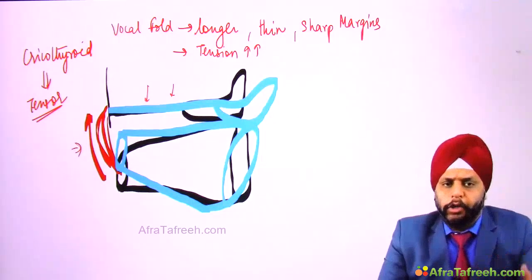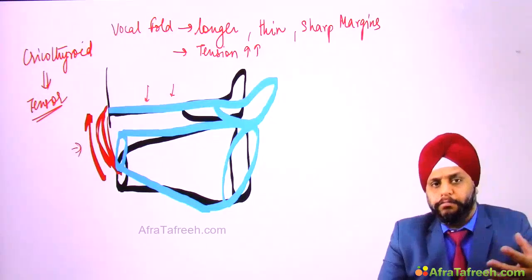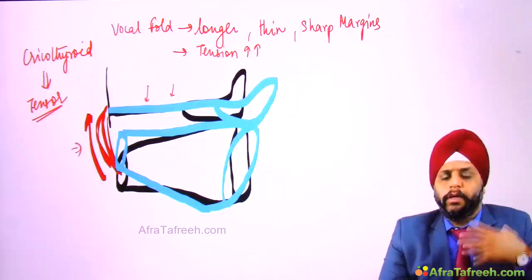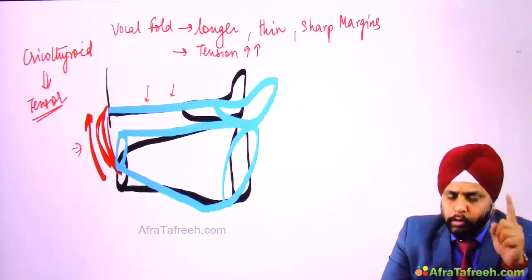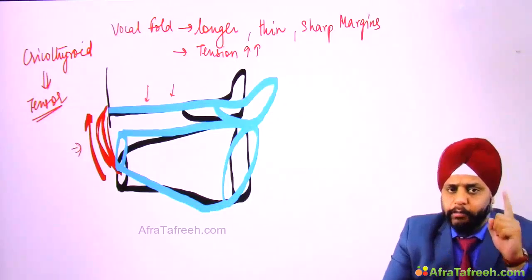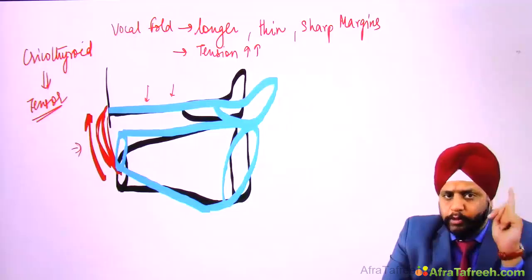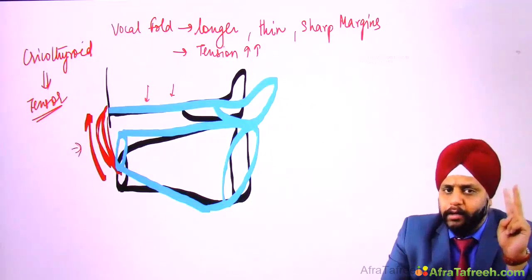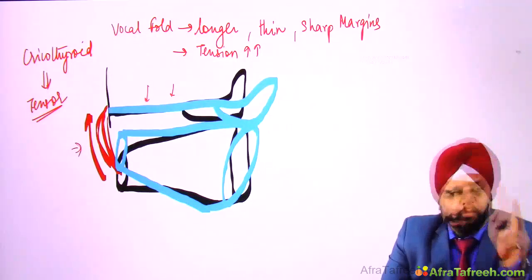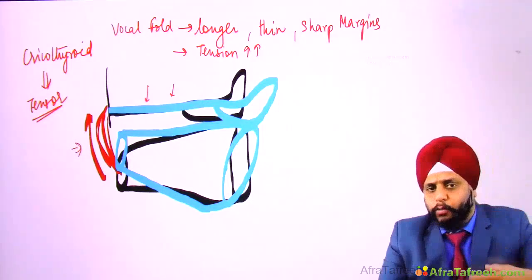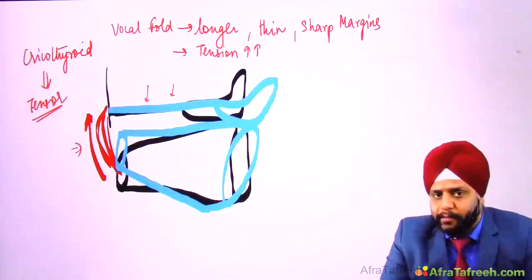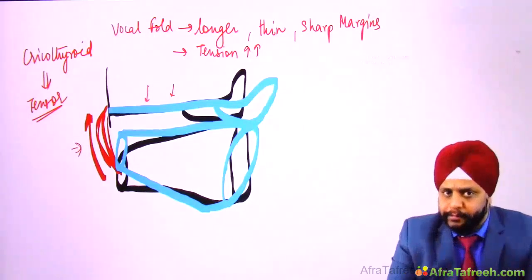Now you meet your mom, she'll make you eat food, so you will become fat, right? So people inside your home make you relax. Your mom makes you relax and takes away your tension. You are relaxed and you become thick. So remember, vocalis is inside, relaxes the vocal folds, makes it thick.